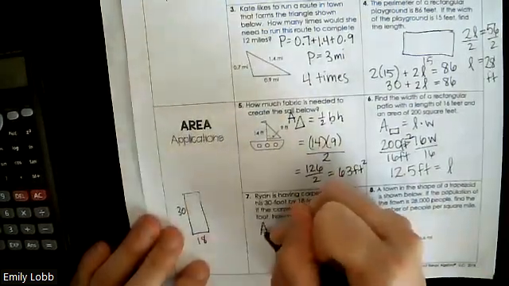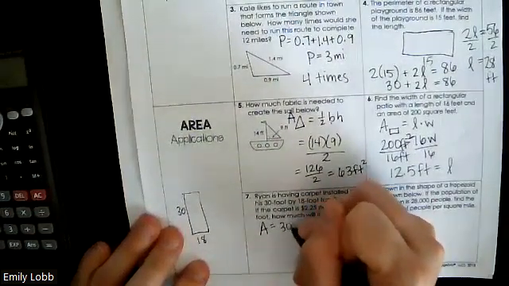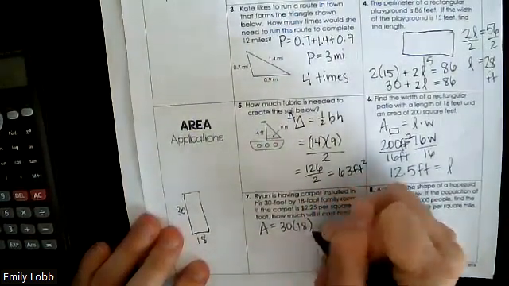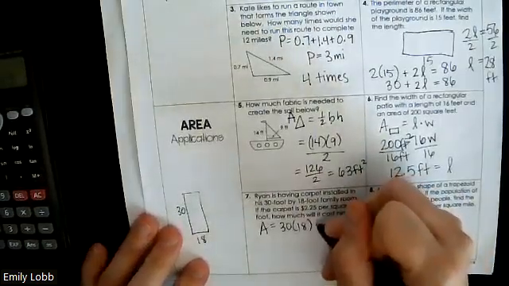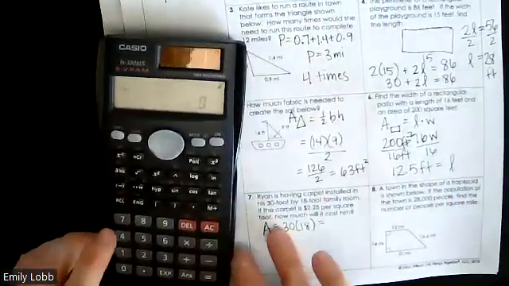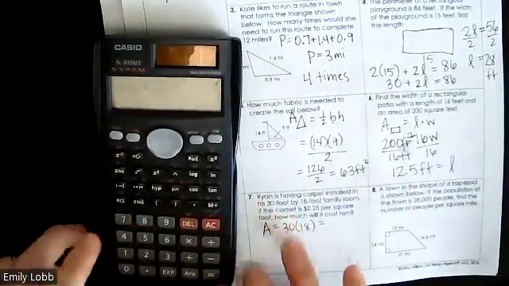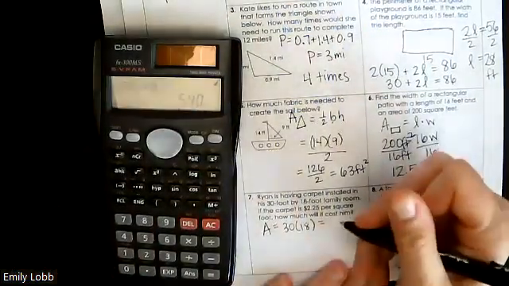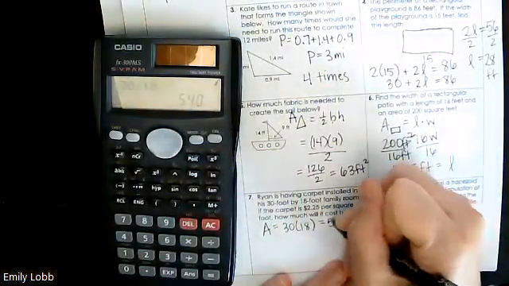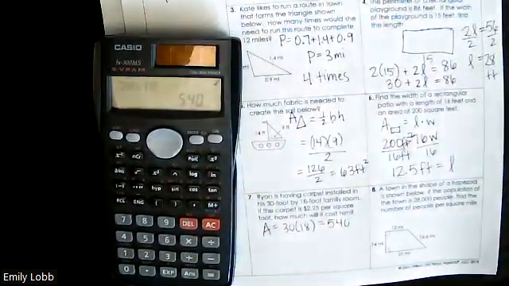My area of this rectangle, right, is 30 times 18. When in doubt, use your calculator. 30 times 18 is equal to 540. That's how many square feet it is.